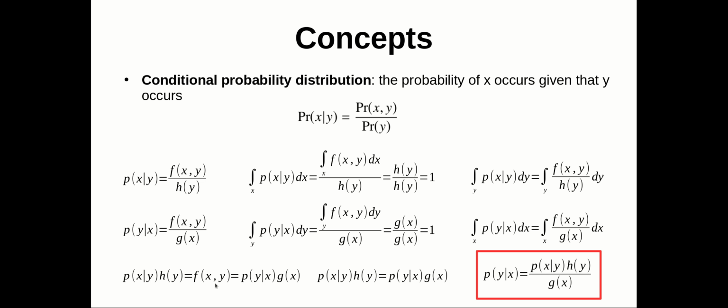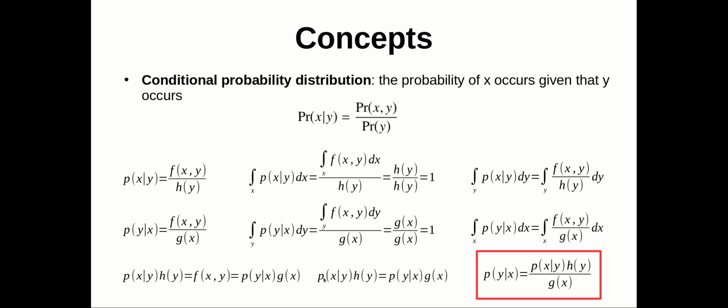So f(x,y) is equal both to p(x|y) times h(y) and to p(y|x) times g(x). Because these two expressions equal the same function, the joint probability distribution, they must be equal to each other.